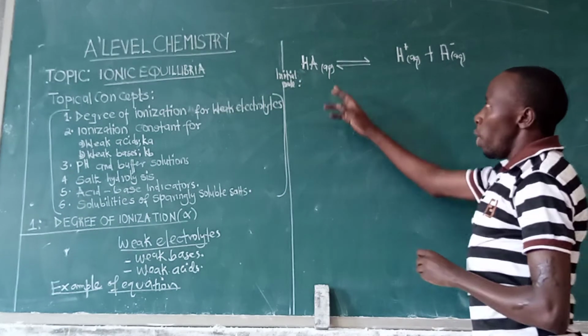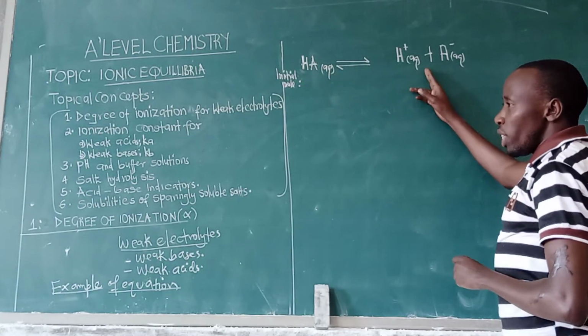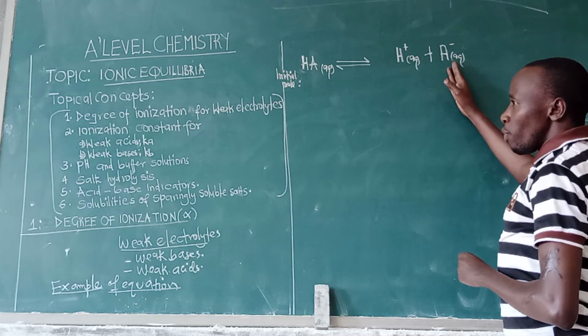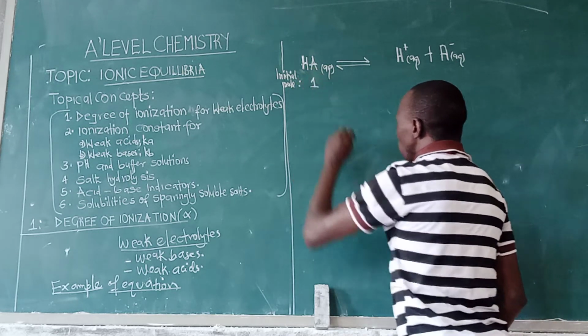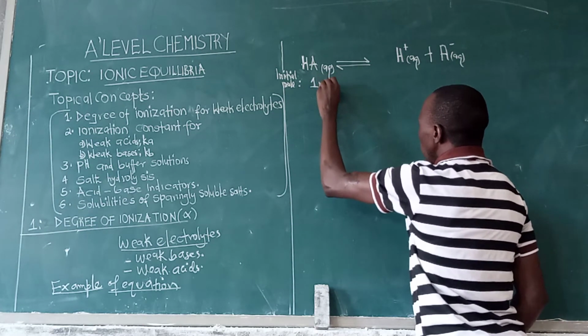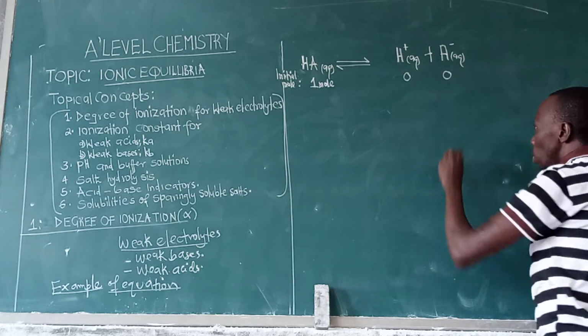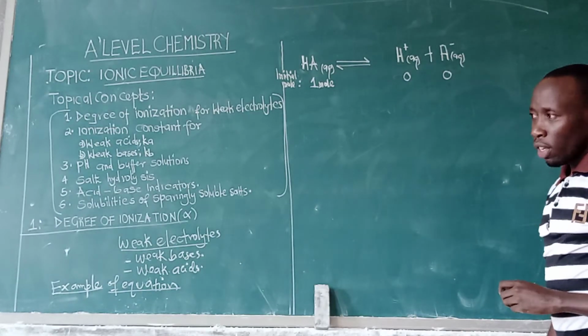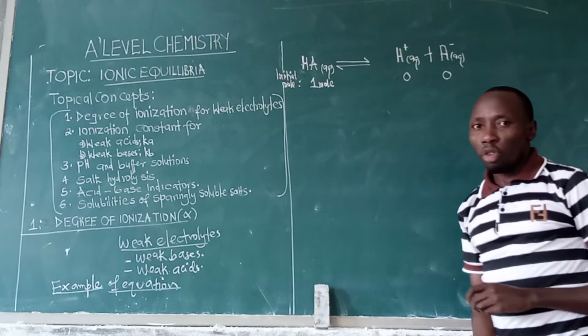We know 1 mole of weak electrolyte produces constituent ions under maximum dilution. Here we say 1 mole. Initially there were no moles of the products, because these are products of dissociation or ionization.